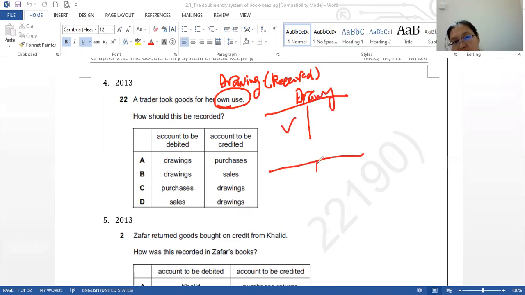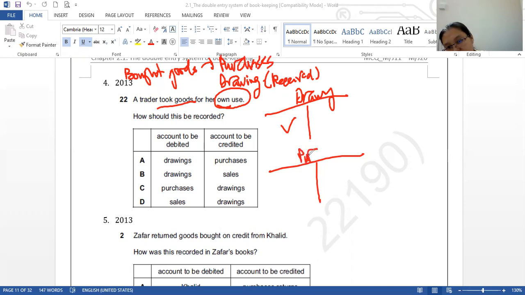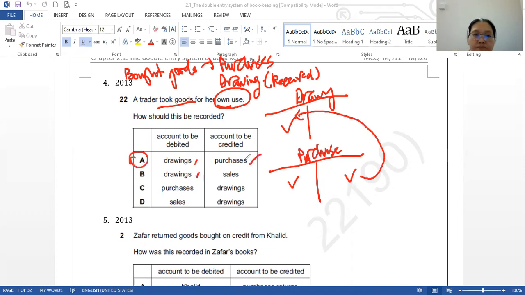When we bought goods, we put them into the purchases account, which you debit. So now you have to credit out from here and transfer to drawings. So your double entry will be debit drawings, credit purchases.